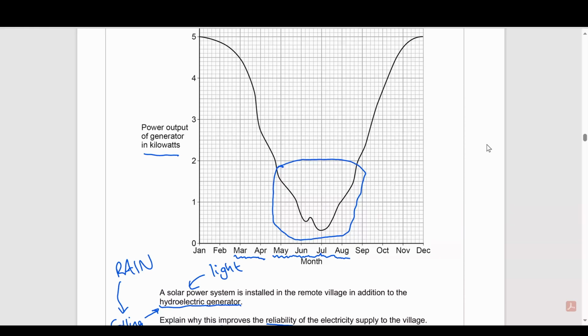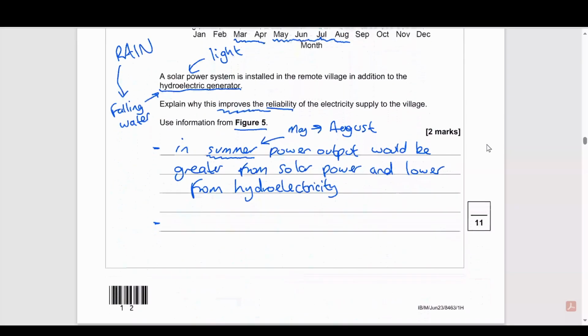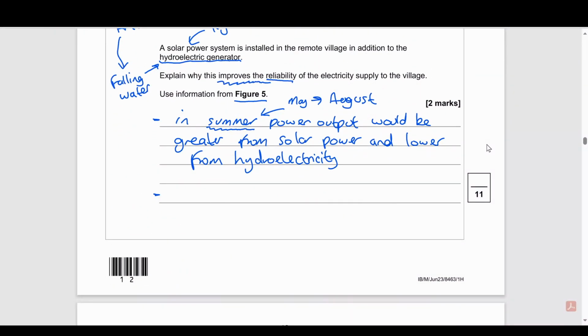So what we can say then is there will be less variation in the power output. So that would just generally mean that it would be more constant, and that would improve the reliability.